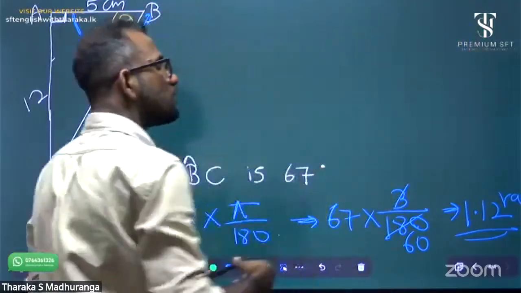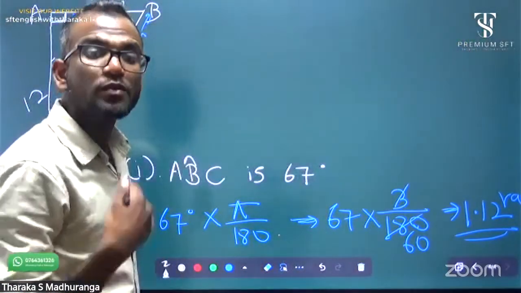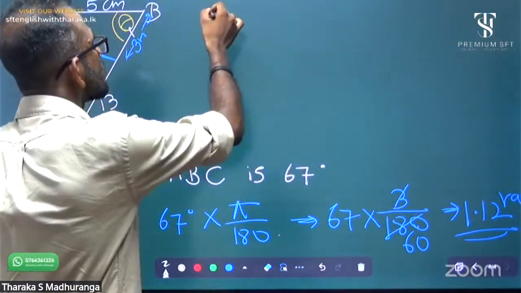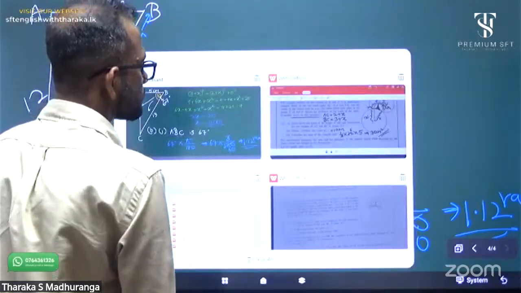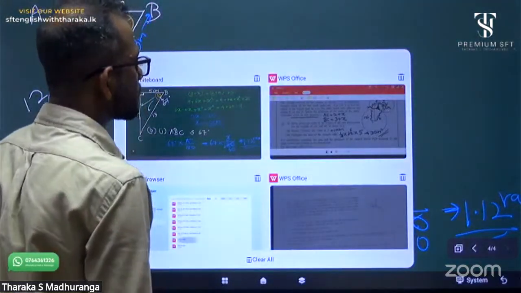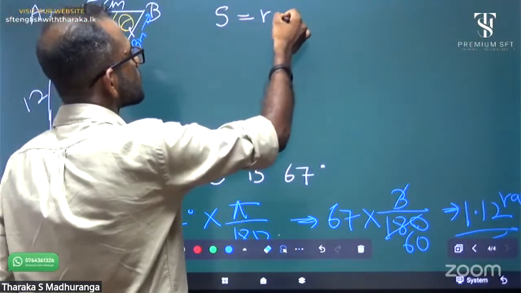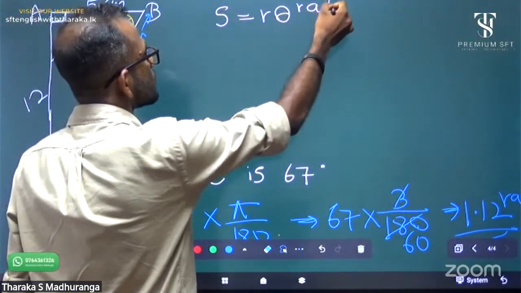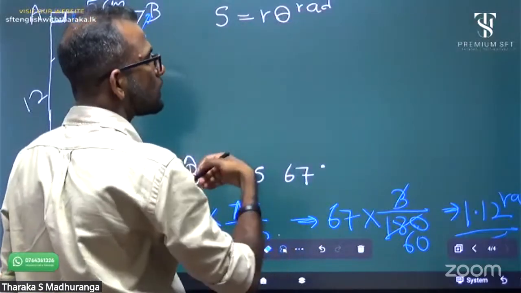Okay. Do you remember? We have a very simple equation to calculate the arc length: S equals R theta, with theta in radians. The radian angle we already know is 1.12.